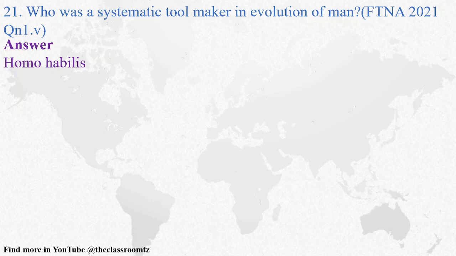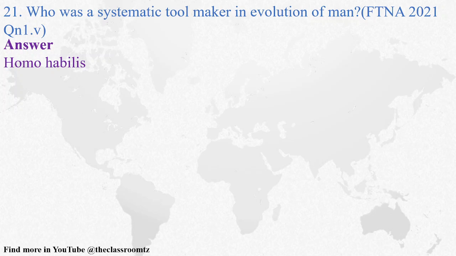It means that, yes, Homo erectus made some tools, but not as clearly and well as those made by Homo habilis. Tools made by Homo erectus were far behind in quality and quantity compared to the tools made by Homo habilis. Homo habilis at least made something that you can see and observe: this is a knife, this is an axe, this is a hoe. So in short, systematic means clearly arranged.